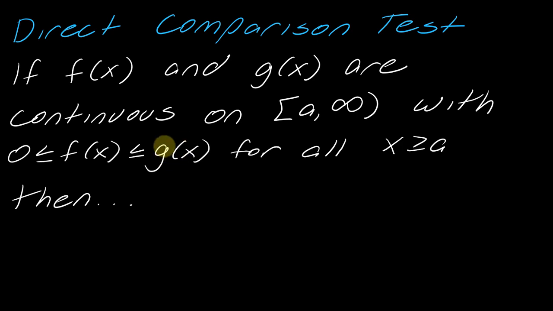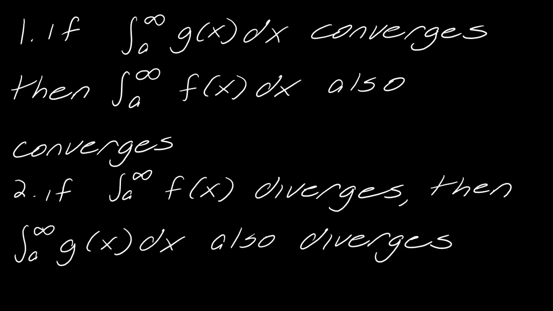If the larger one converges, it's overlapping the smaller one, so it makes sense that they should both converge. If the smaller one diverges, then the larger one diverges. I always think of it as this function swallowing up the other one in its divergence. So it matters which one is your f of x and your g of x. You can choose your other integral, but it has to strictly follow that criteria.